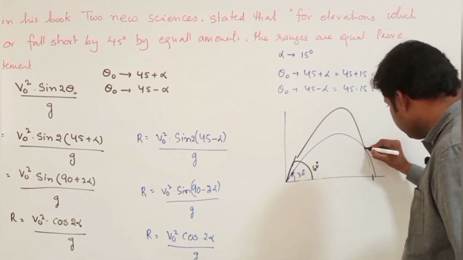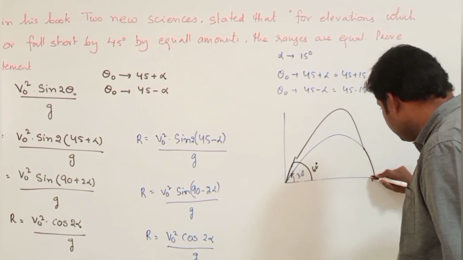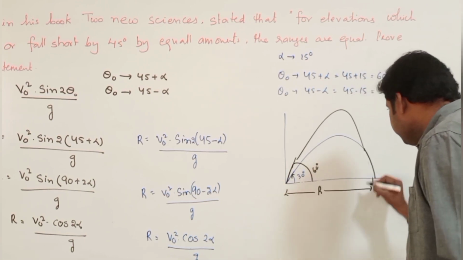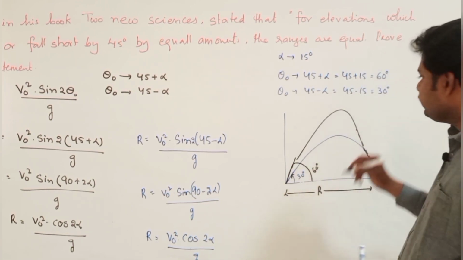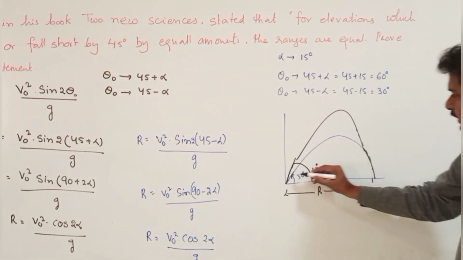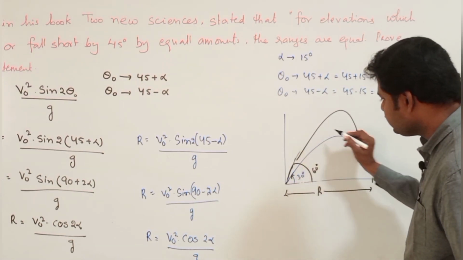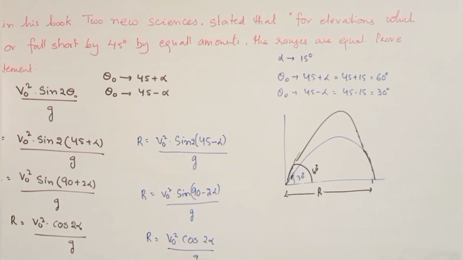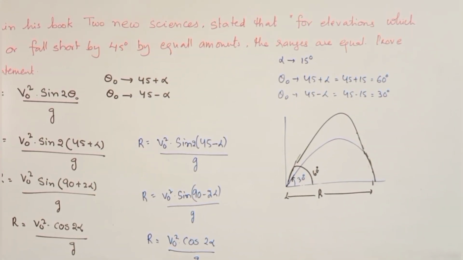So both of the ranges are the same. Probably what you can think of, the heights are different, but ranges are the same for 30 degrees and 60 degrees. Okay, this is a simple proof of that one.